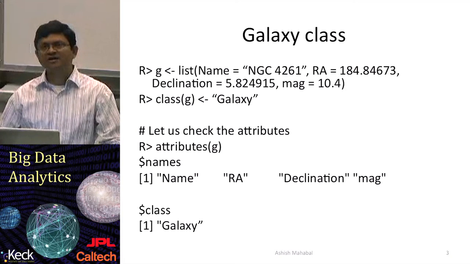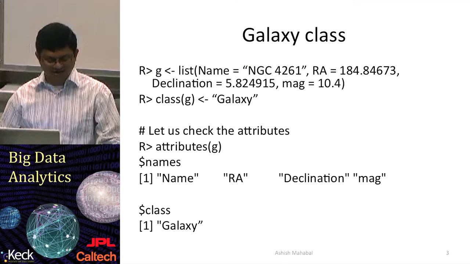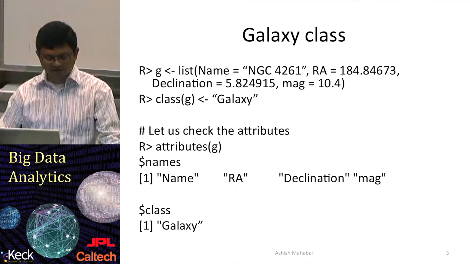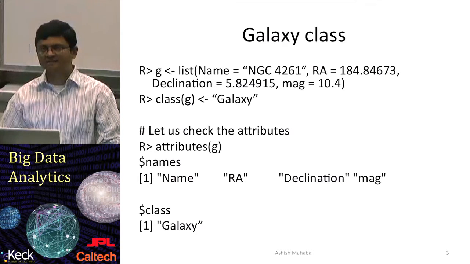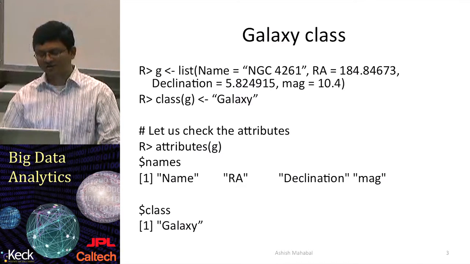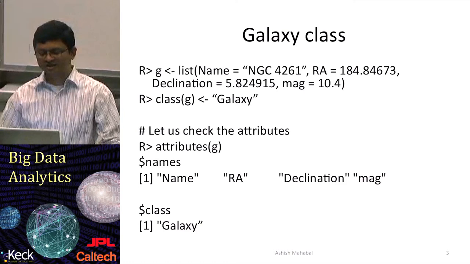Let's try to define an S3 class. Let's say that we have a few galaxies and we want to define a class called galaxy. So here you see that we have a variable g, and we make it a vector by assigning a list to it. We provide some named variables, name equal to, say, ngc4261, array such and such, declination such and such.